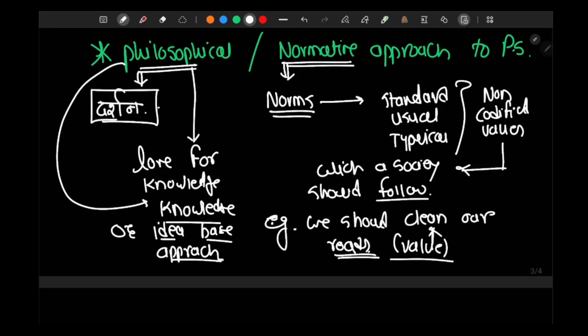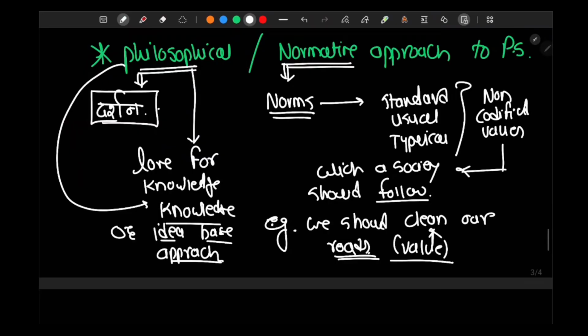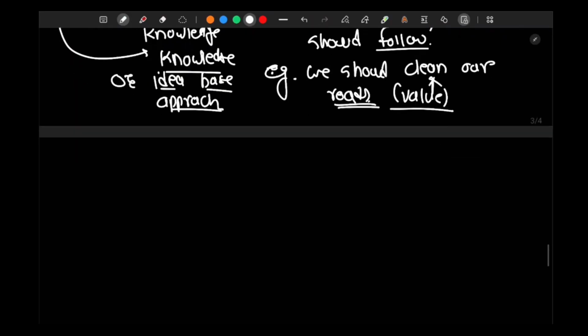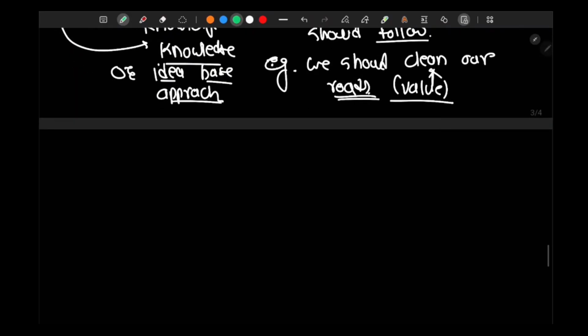Norm is like justice, that there should be justice within society. Norm is like equality, that there should be equality within society, right? So that is the philosophical or normative approach to political science.